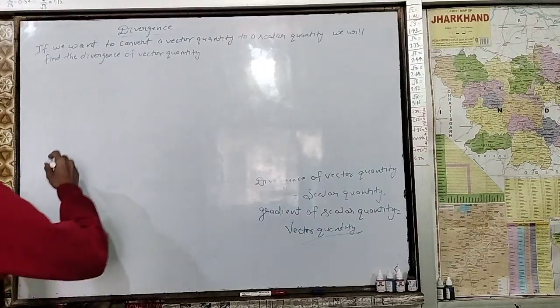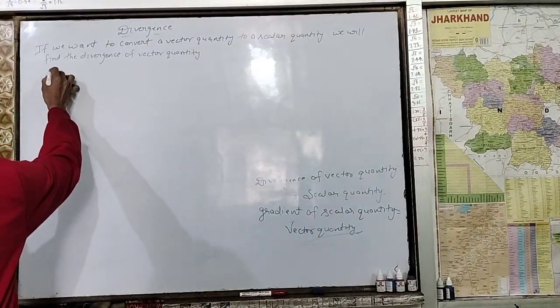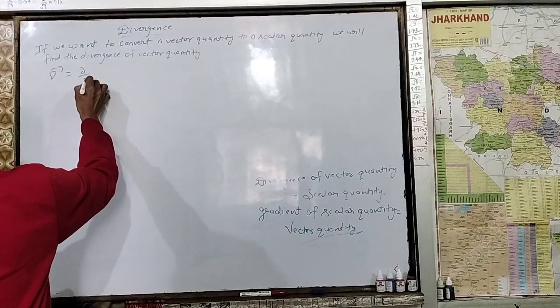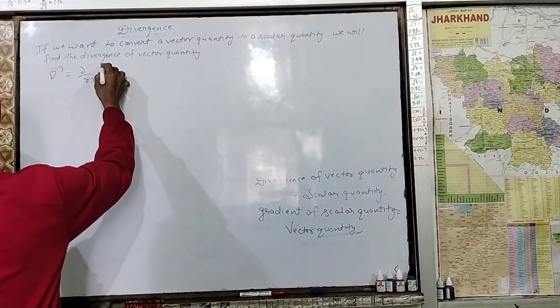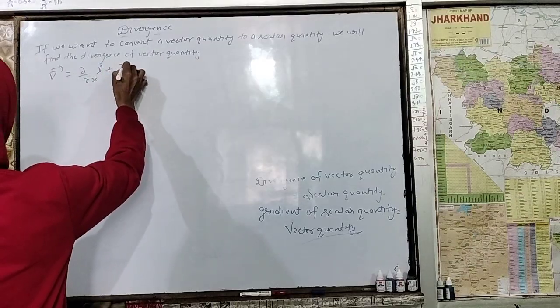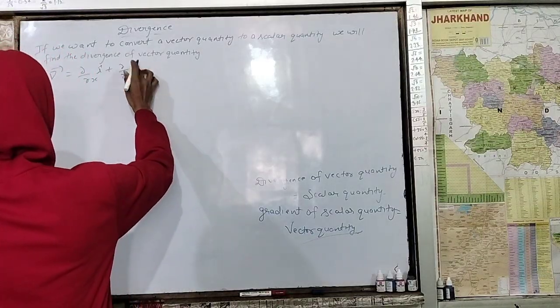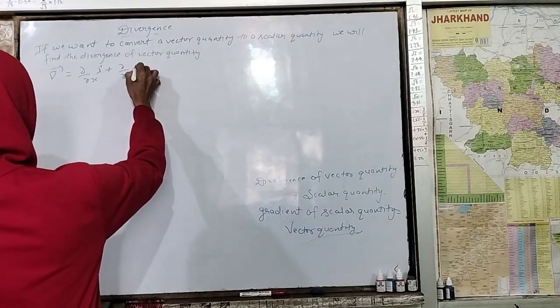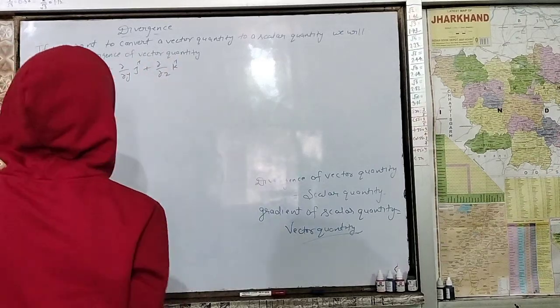So remember the del operator, which is equal to d upon dx along i cap, plus d upon dy j cap plus d upon dz k cap.